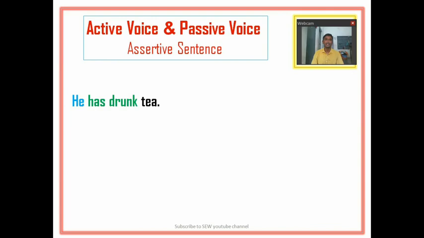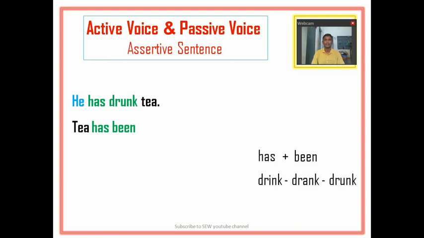Another example, he has drunk tea. What is the subject here? He. The verb is has drunk. Tea is the object. So what do we have to do? First we have to write the object as the subject. The helping verb is has, plus been should be added to that. So has been, and the verb forms of drunk are drink, drank, drunk.